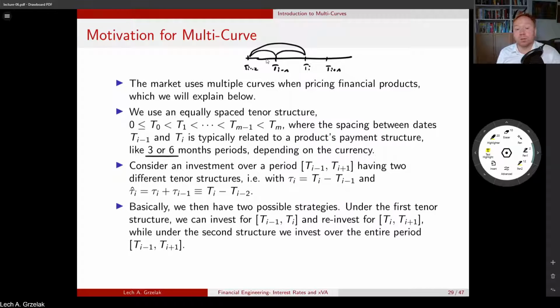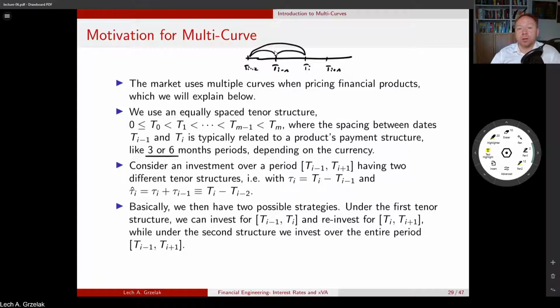From the financial arbitrage perspective, it doesn't really matter if we have a LIBOR rate over this period or a bond, and we reinvest this bond until this moment. Essentially, that would mean that it's exactly the same as the financing over the whole period. You can think of it as a money savings account.